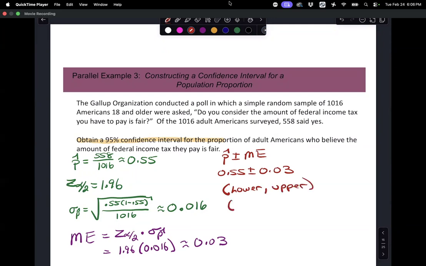So we'd take 3% from the 55, 0.52, add 3% to the 55, 0.58. These are the two ways that you can write it, depending on how you want your summary to look.